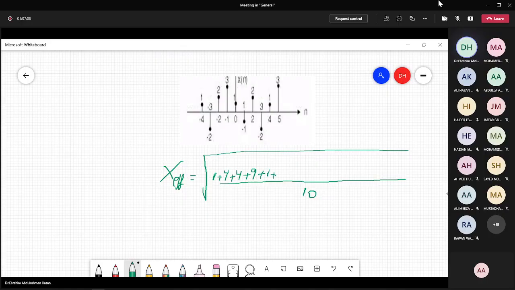Again, here we have 1 square, 1, minus 2 square, 4, then 2 square, or minus 2 square, 1, and plus 9. Let me count: 1, 2, 3, 4, 5, 6, 7, 8, 9, 10. What does this become? 10, 20, 38, so 3.8.